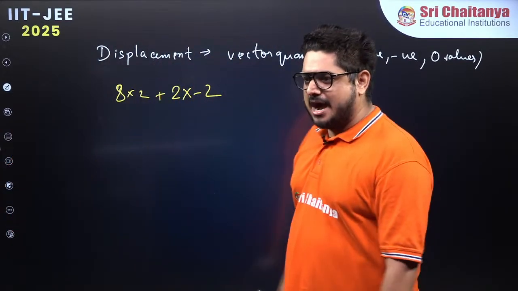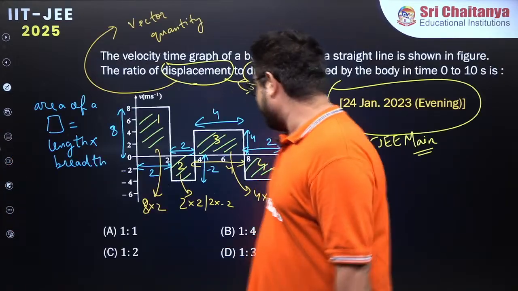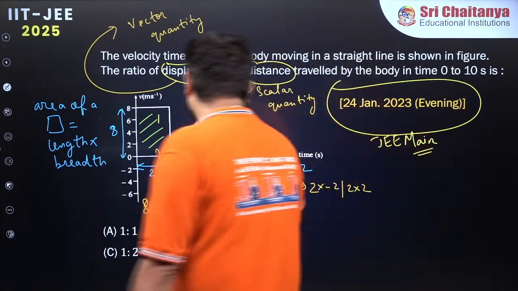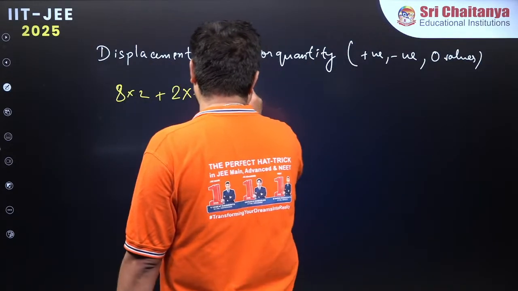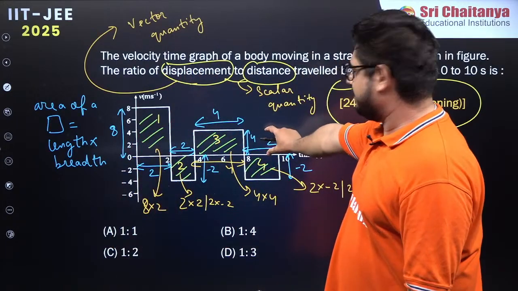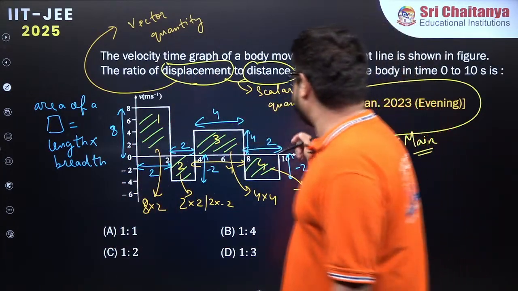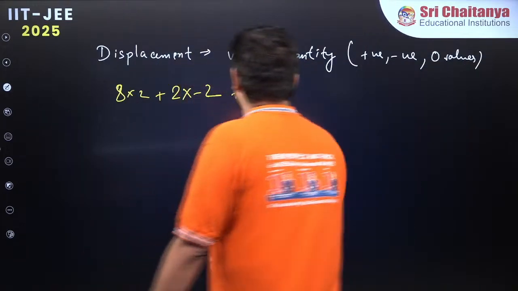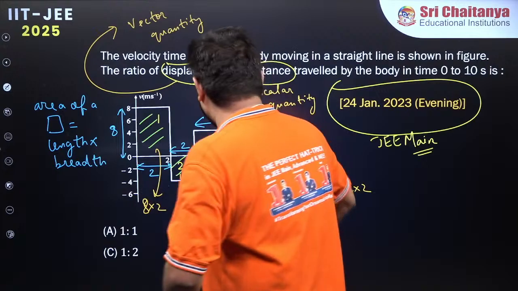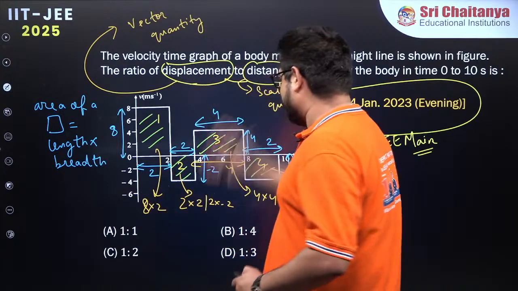Okay. Now, the next, what needs to be done? For the erected rectangle once again, 4 is the length. So I will directly write it down 4 into, what is the width? It's 4 itself. The breadth is 4 itself. So there is no sign associated. So 4 into 4. Now the last, the fourth inverted rectangle.